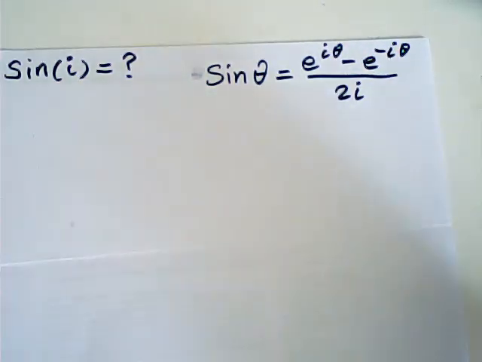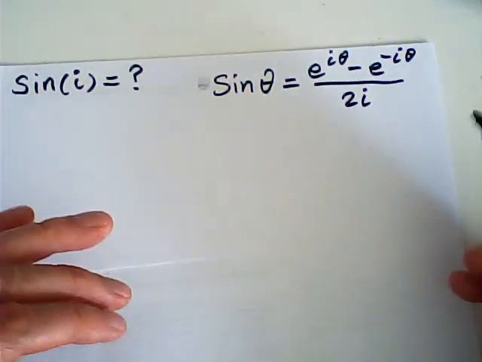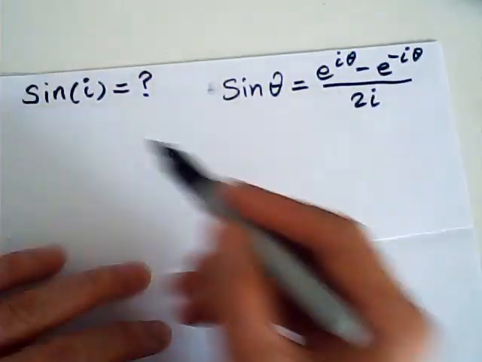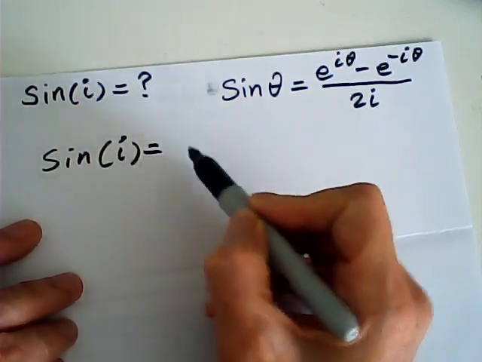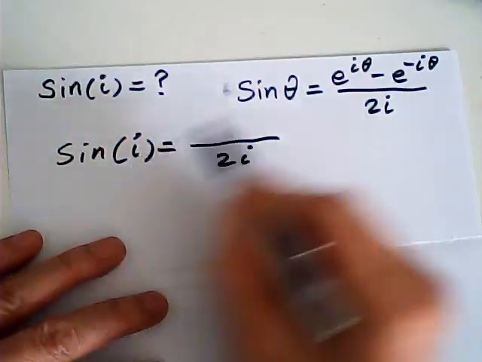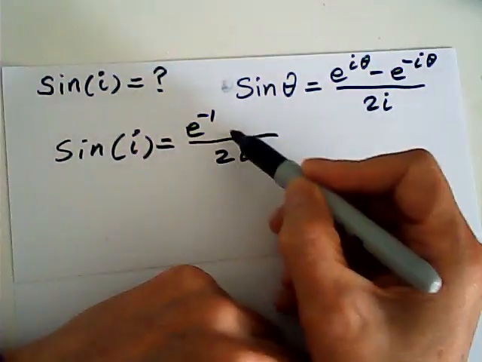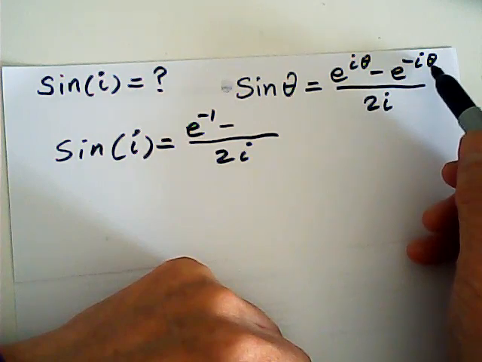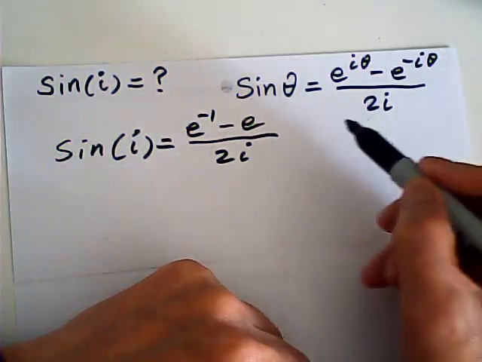All right, so you must know the formula, or you can derive the formula one way or the other. You can find sine i is equal to (e to the i squared, which is e to the negative 1, minus e to the negative i squared, which is positive 1, i.e. e), over 2i.